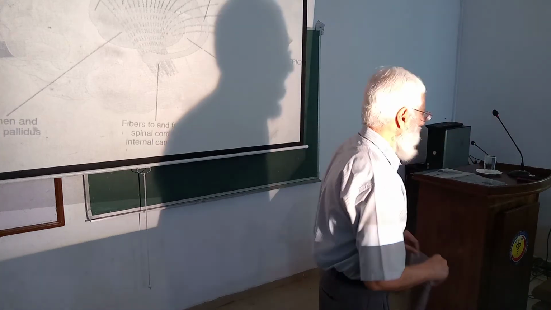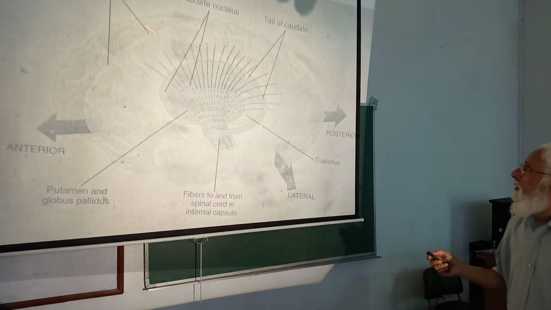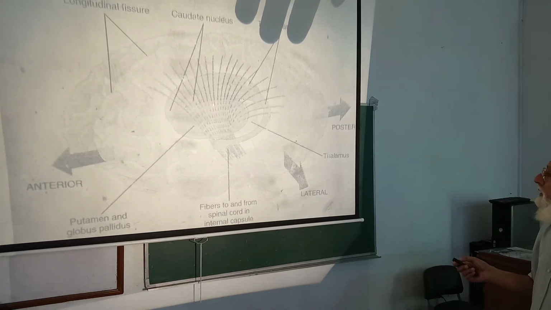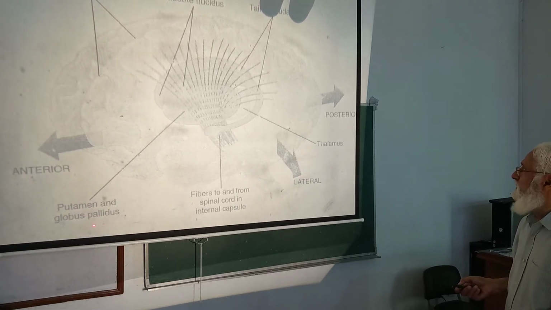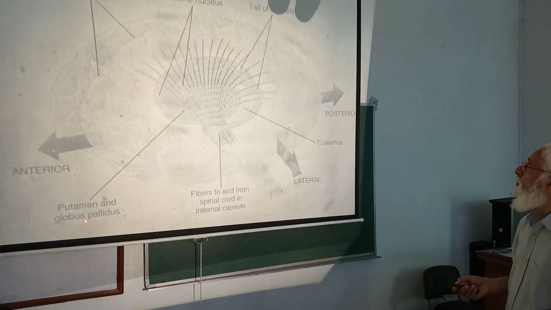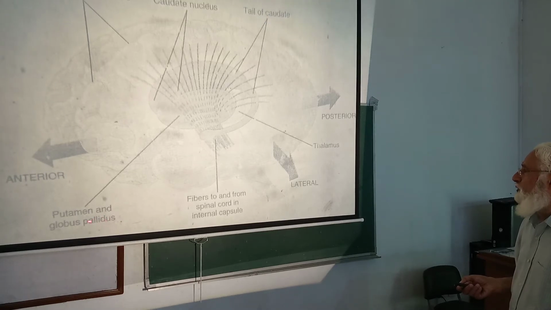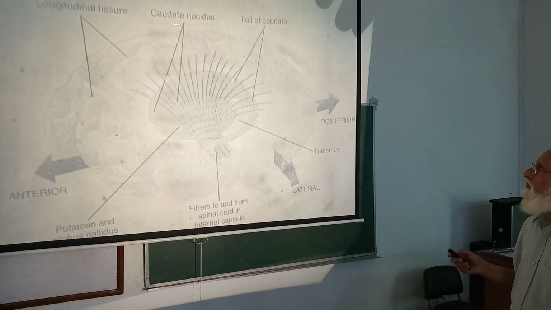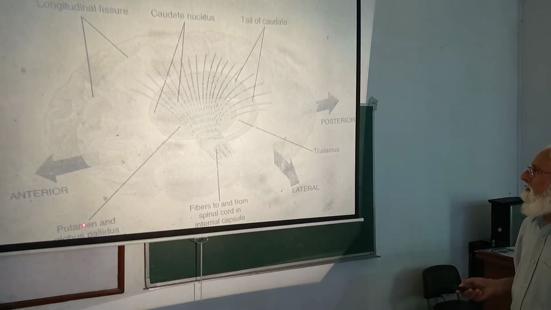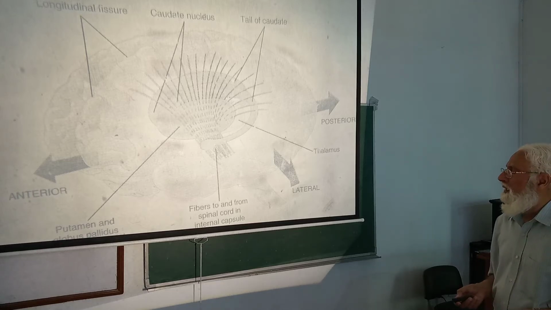Now these masses of grey matter include the caudate nucleus, putamen, globus pallidus, substantia nigra, and subthalamic nucleus.